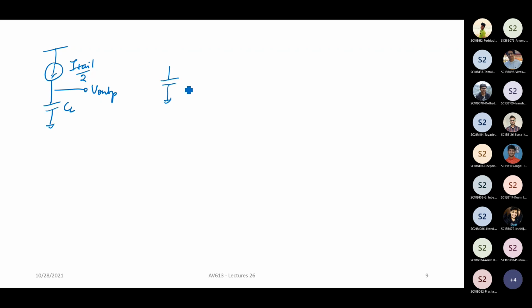You have this capacitor CL and you are pumping out I tail by 2, and this is your Vout M. Now, can you tell me what will be Vout P of t? How can you write this expression for this case?